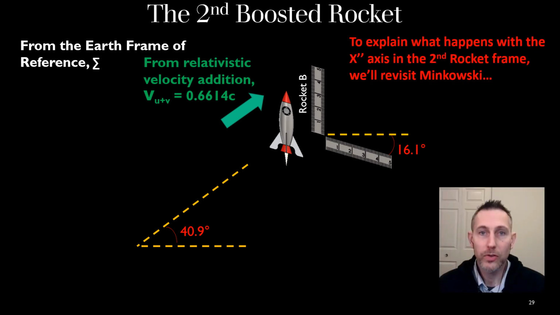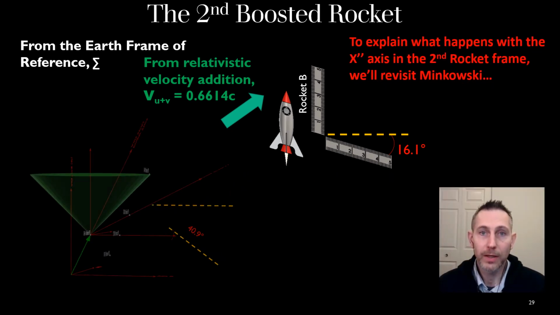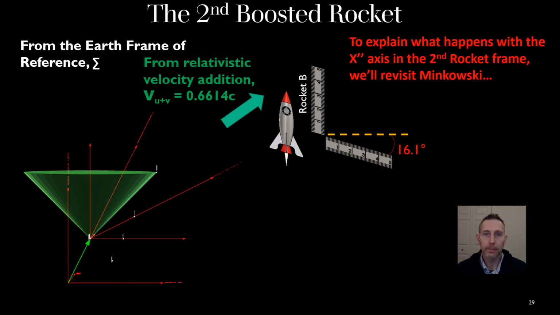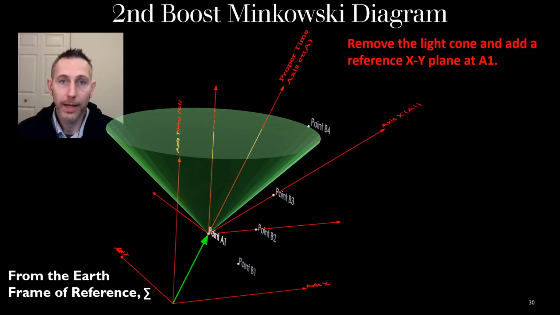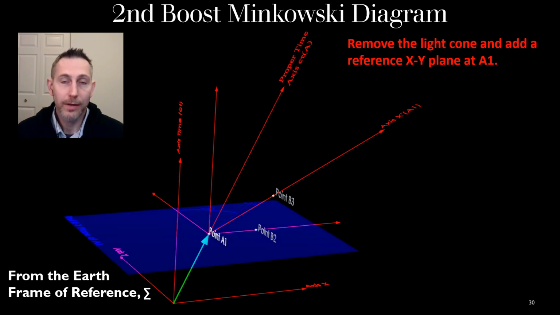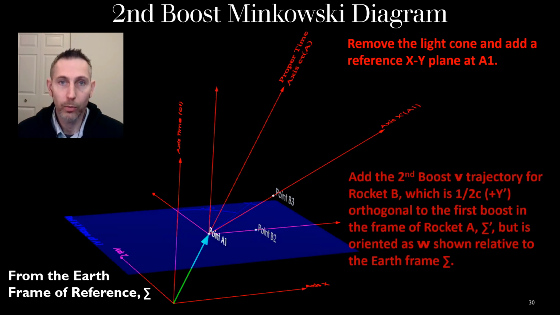To explain the skew, we'll revisit Minkowski spacetime. Remove the light cone and add a sigma XY reference frame at A1.